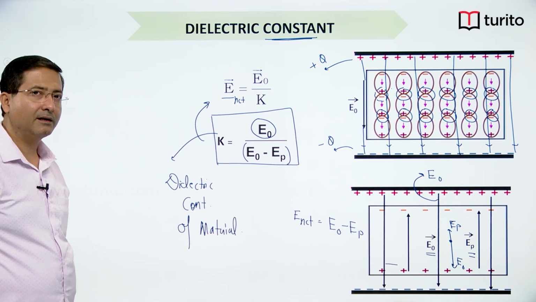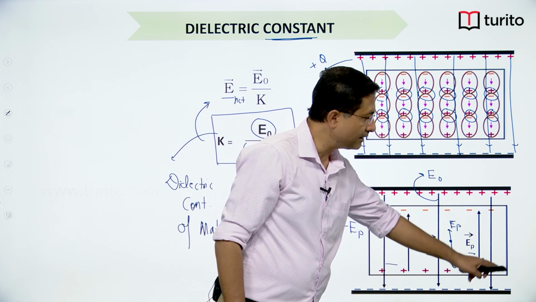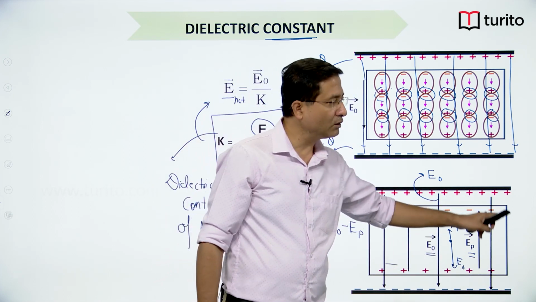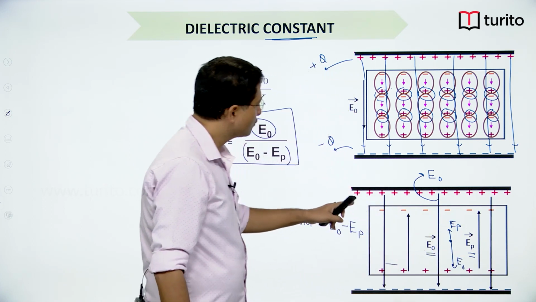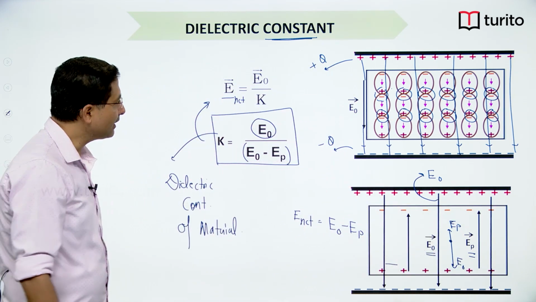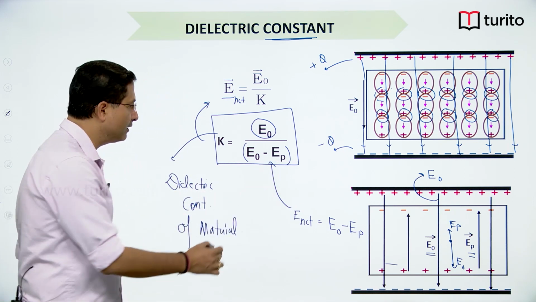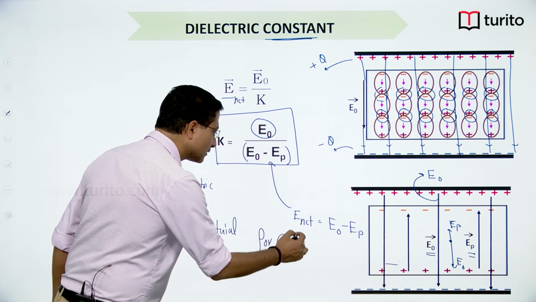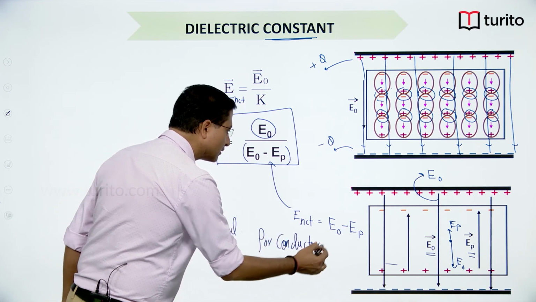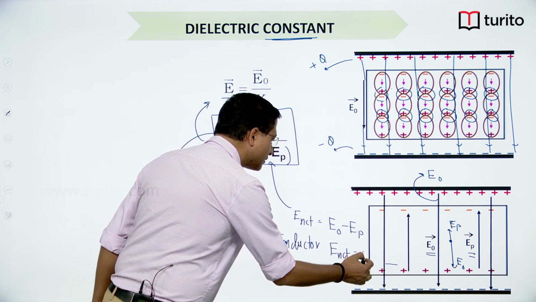So, if I take some conductor here, instead of an insulator, the net field inside the conductor will be 0.